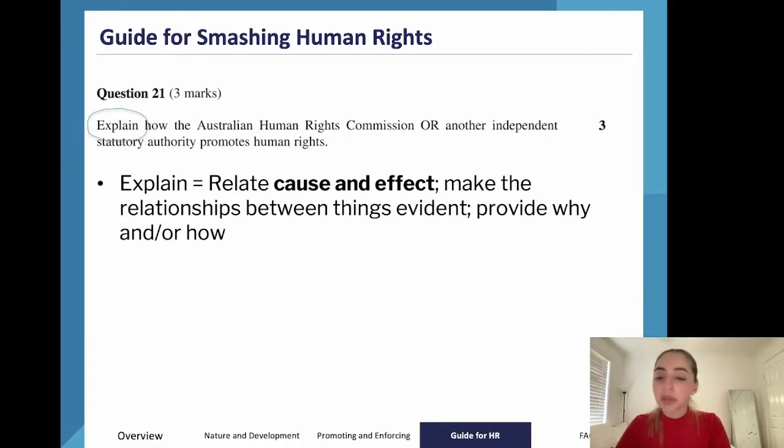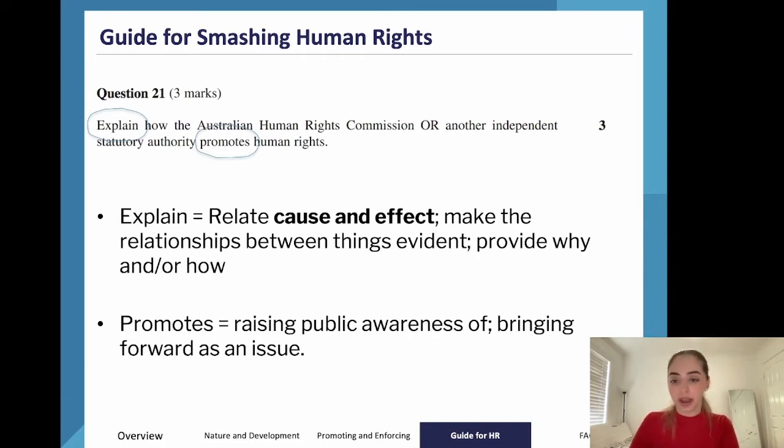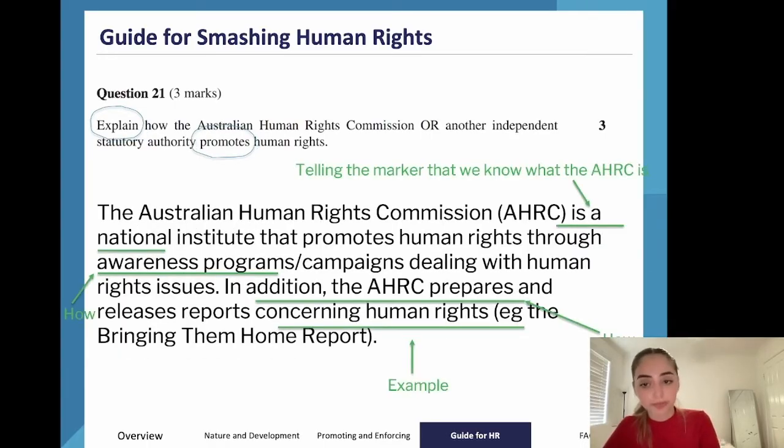Okay, so explain means to relate cause and effect, make the relationship between things evident, provide why and or how. To promote is to raise public awareness of something and bring forward as an issue. Okay, so let's have a quick look at this response to this 3 marker. The Australian Human Rights Commission is a national institution that promotes human rights through awareness programs or campaigns dealing with human rights issues.